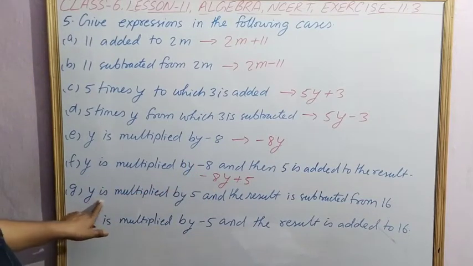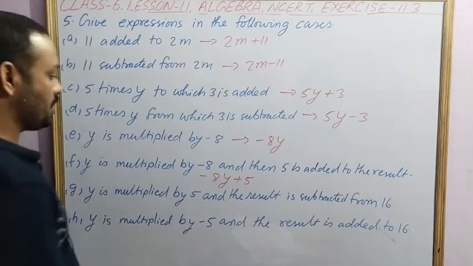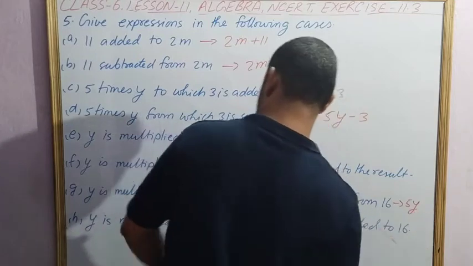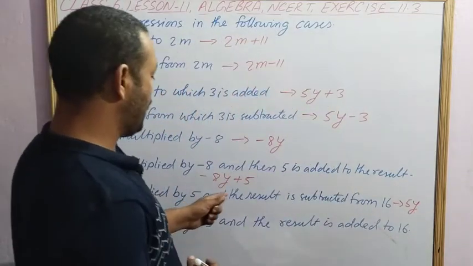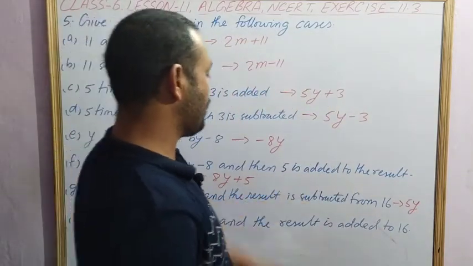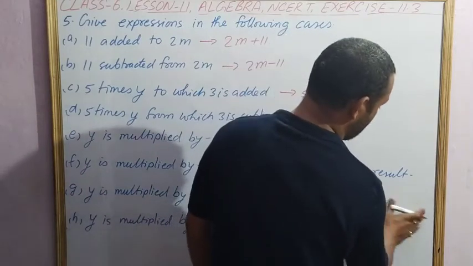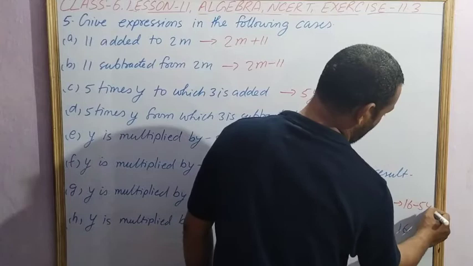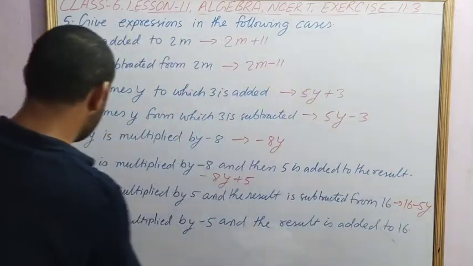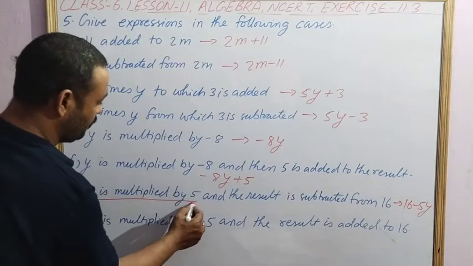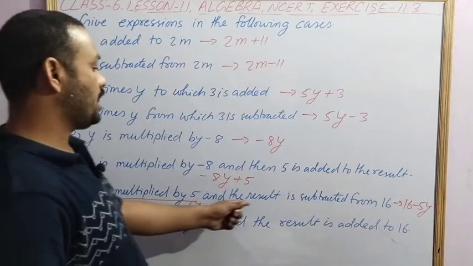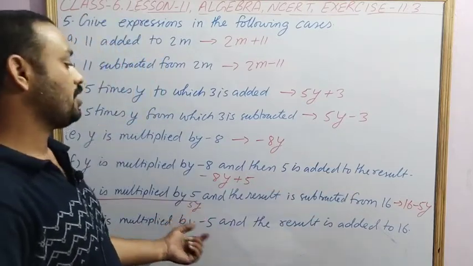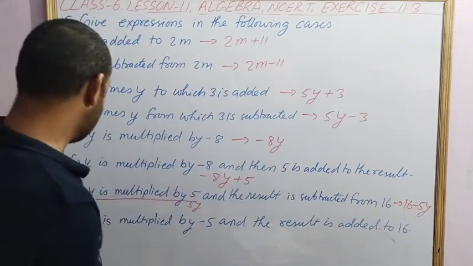Then G: y is multiplied by 5 means 5y. Y is multiplied by 5 and the result is subtracted from 16. The result is 5y, so that means 16 minus 5y. After multiplication you have to subtract the result from 16.